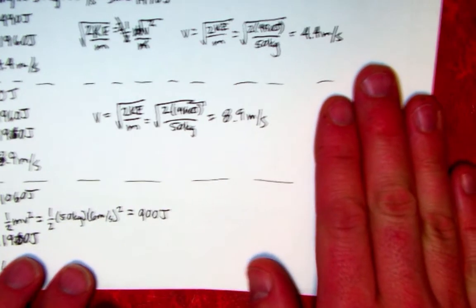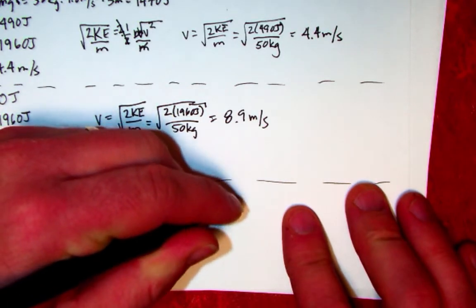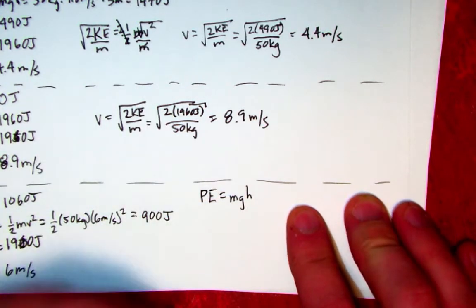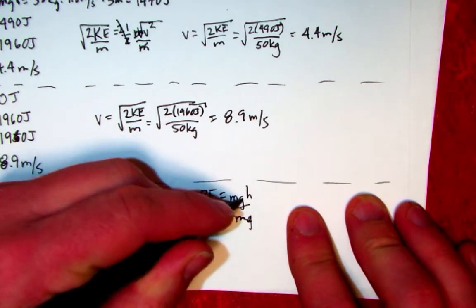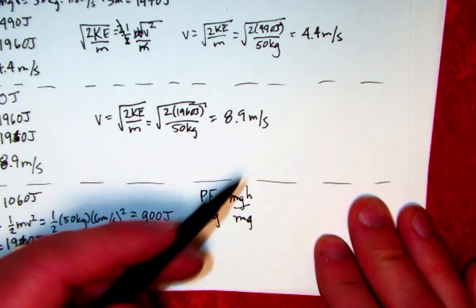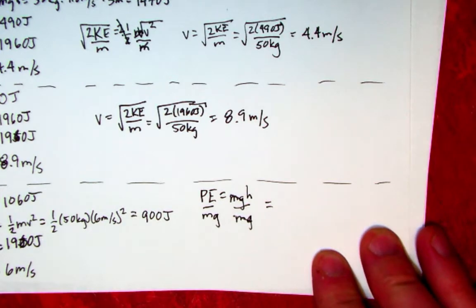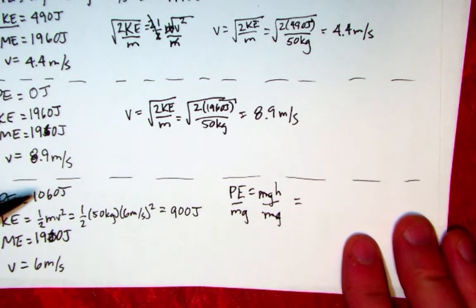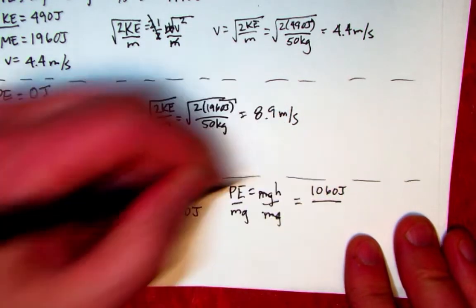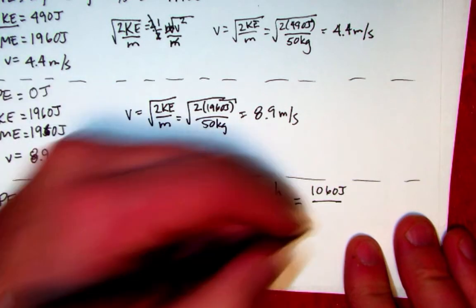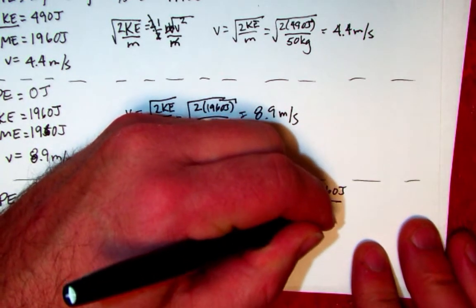So from there, I can now find my height because potential energy equals mass times gravity times height. If I divide both sides by mg, I have an equation for height. Height equals PE over mg. So let's just put it over on the other side here. Height equals 1060 joules of potential energy divided by mass times gravity, divided by 50 times 9.8.